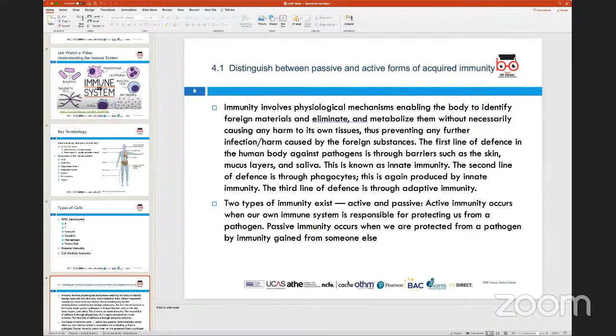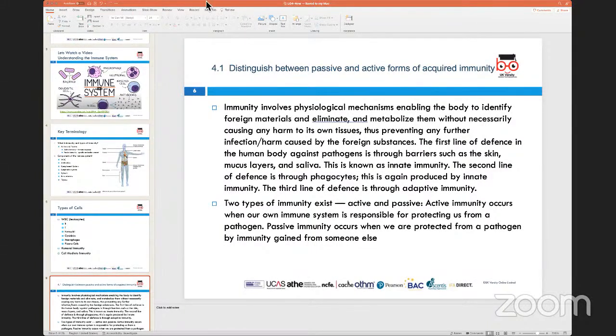When your body has been exposed to a pathogen or has had an infection previously, these memory cells retain the ability to recognize the antigen produced by the pathogen in the body, and then they replicate and call the different types of cells which will provide a response in terms of action to the infection.